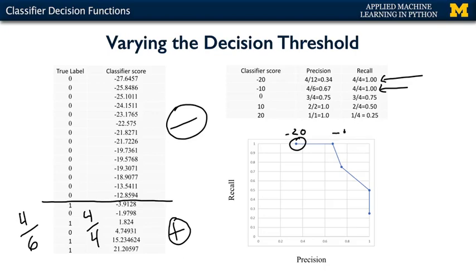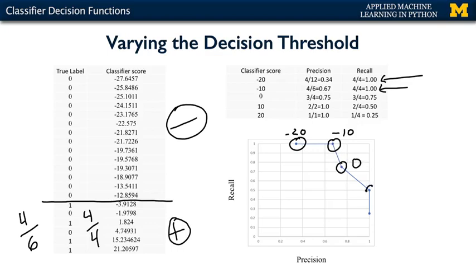When the threshold was -10, we got precision of 0.67 and a recall of 1, corresponding to this point that we can plot. And you can see that if we do this for a number of other thresholds, for example, the threshold of 0, we'll get a precision of 0.75 and a recall of 0.75, which corresponds to this point, and that choice of decision threshold.